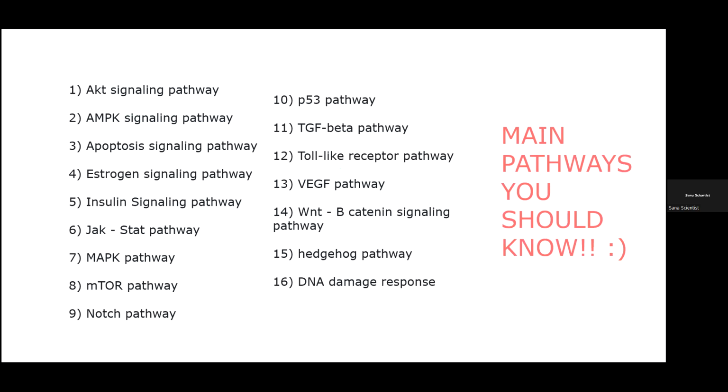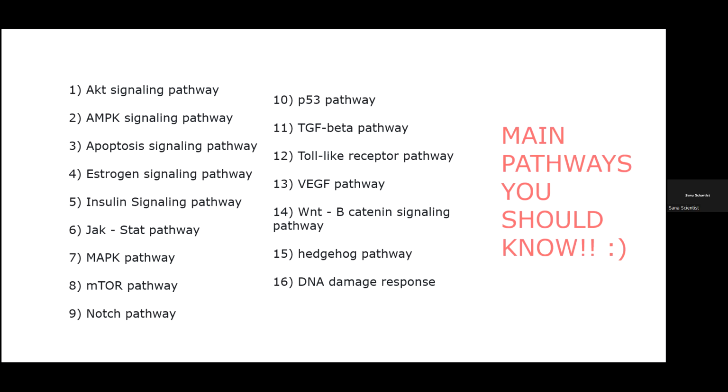You should know that the Wnt beta-catenin signaling pathway is important in stem cells. We're going to have so many videos about stem cells in the future. And you should know that the hedgehog pathway is for embryonic development. And of course, it's also very important to know the DNA damage response, because when we have damage in our DNA, there is a response to that.